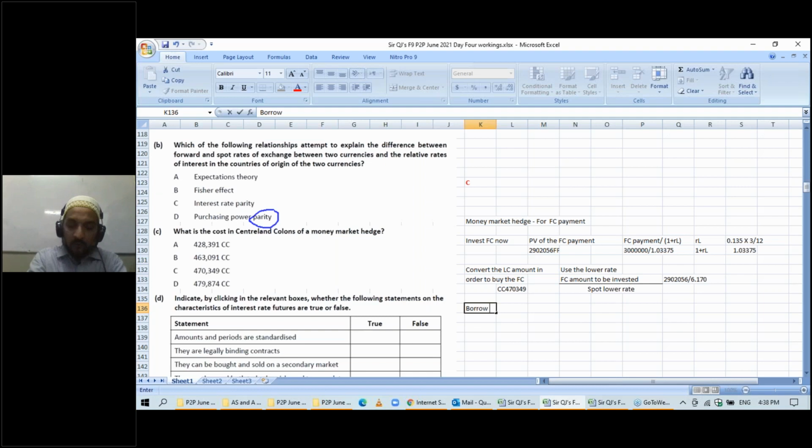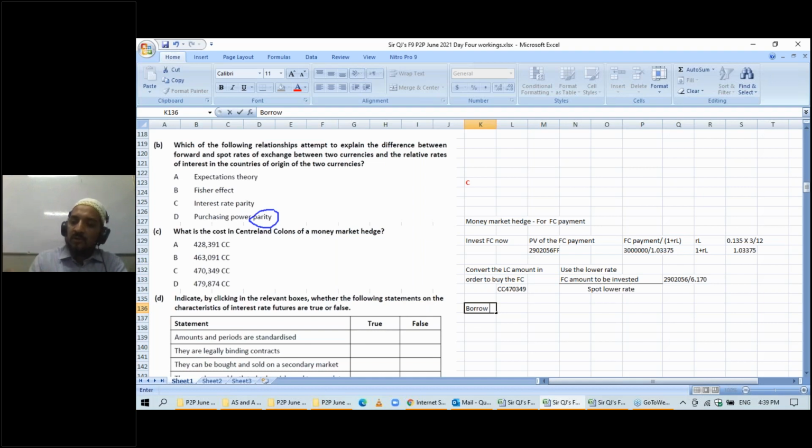In fact, we would first have borrowed, then converted into the foreign currency, and then would have invested. But remember, you are going to do the steps in this sequence only to arrive at the answer, because the third step will give you the amount that you will be paying in 3 months time. So this amount which is borrowed in the local currency will be paid after 3 months time along with the interest to the creditor. So that will become your local currency payment after 3 months.